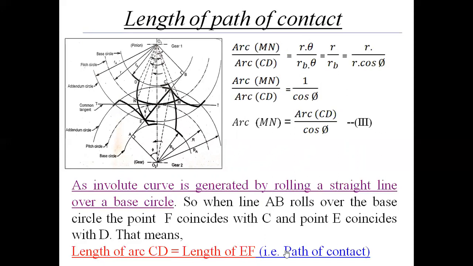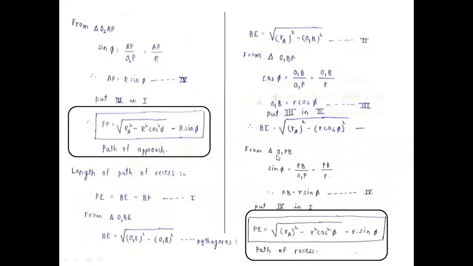And in the previous lecture we have already studied that EF is the path of contact. So path of contact is the summation of path of approach plus path of recess. And these are the formulas for path of approach and for path of recess.